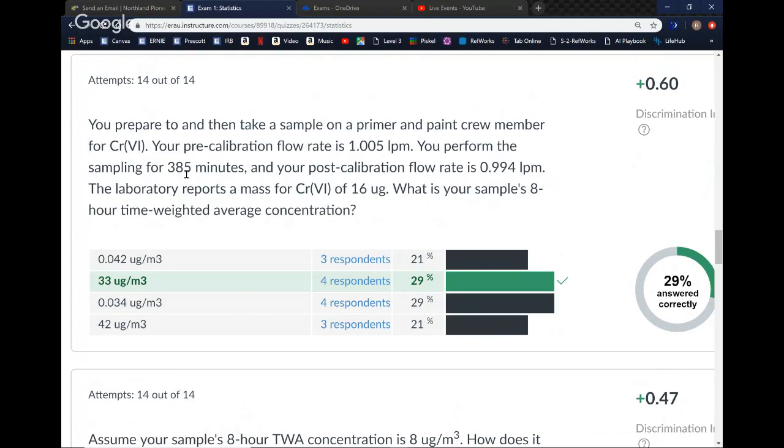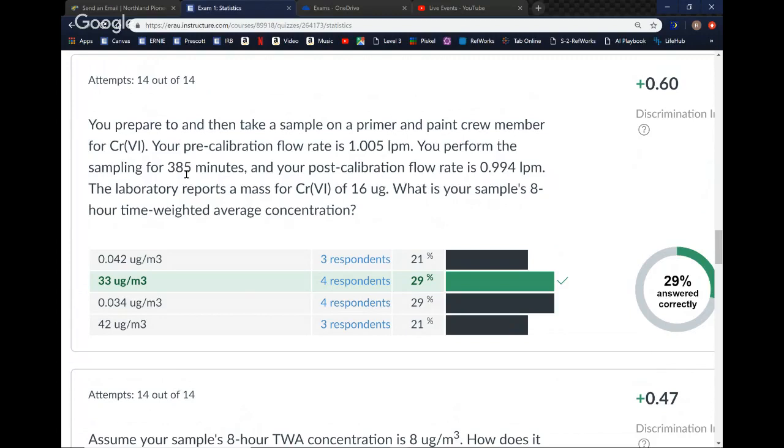And the laboratory, so this could happen if you have a weird laboratory or you forget to give them the volume, then they won't give you a concentration. They'll just tell you the mass, and you've got to calculate the concentration. So we need our concentration, and then we need to convert it into a time-weighted average.